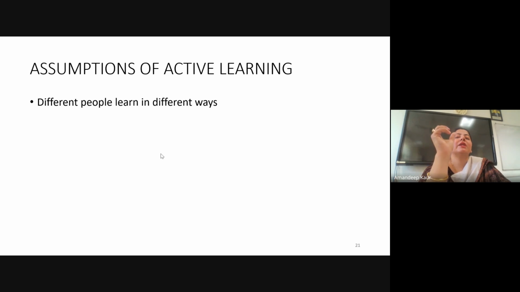As I said initially, whenever the teacher selects a teaching methodology, it is also as per the comfort and order of the faculty. If I'm very comfortable with the lecture method, at any point of time I can create an active learning experience simply by creating a group based activity.